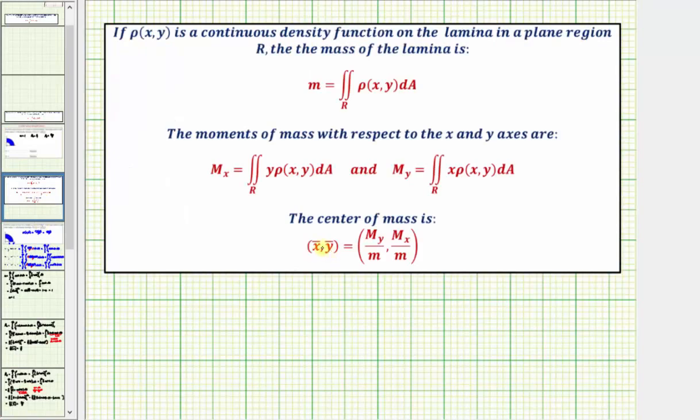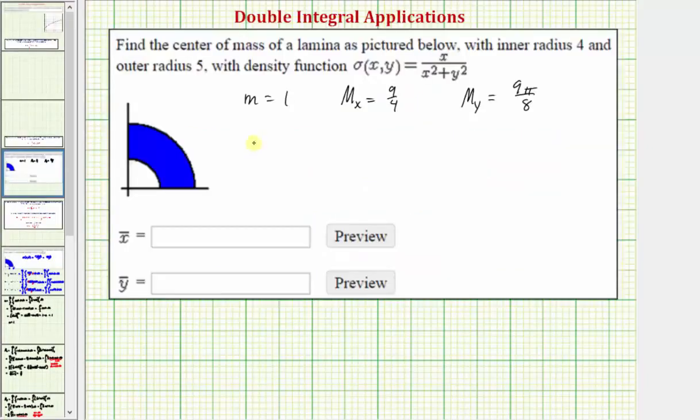And again, the x-coordinate of the center of mass is equal to the moment about the y-axis divided by the mass, and the y-coordinate of the center of mass is equal to the moment about the x-axis divided by the mass, which means x bar is equal to the moment about the y-axis divided by the mass, which is equal to 9 pi divided by 8 divided by 1, which is just 9 pi divided by 8.